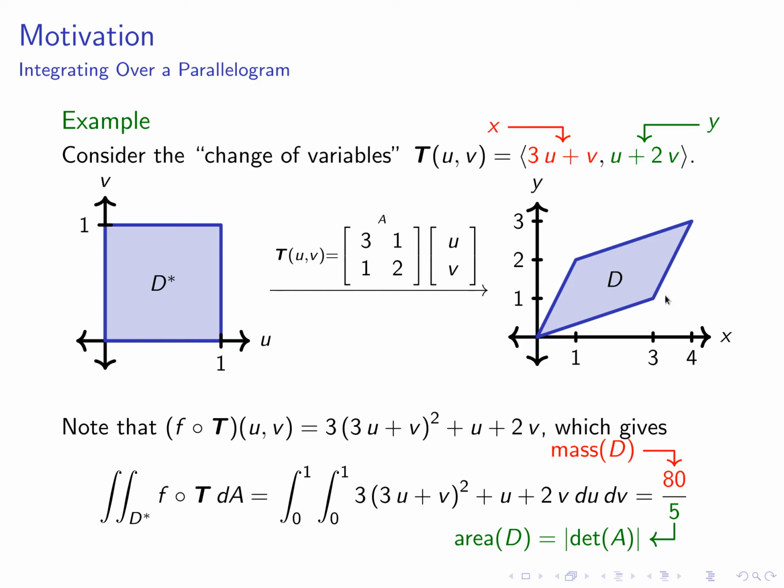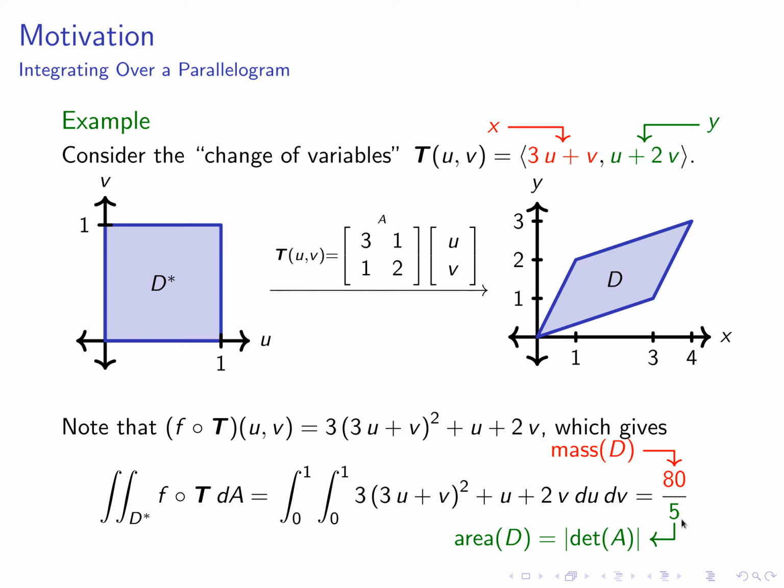And remember that in two-dimensional geometry, areas of parallelograms are determinants of matrices. So the reason we know the area of this parallelogram is 5 is because that's what the determinant of our matrix A is in this problem. So there is some relationship in this information. The mass of the region D star with this idea is equal to the mass of the region we cared about divided by its own area.